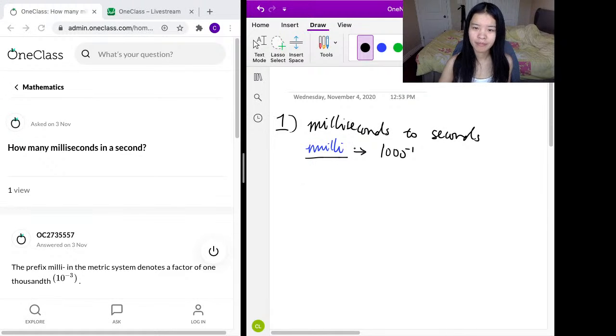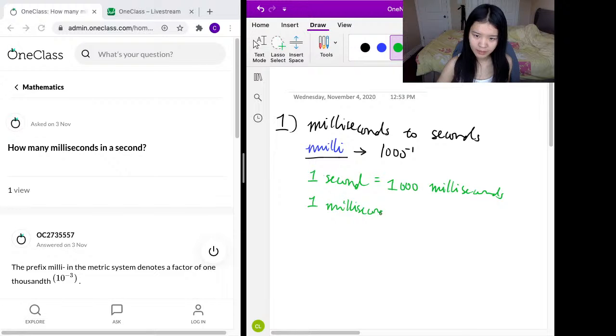So you would know that there's 1,000 milliseconds in a second. So 1 second equals 1,000 milliseconds, and 1 millisecond would equal 1 over 1,000 seconds.